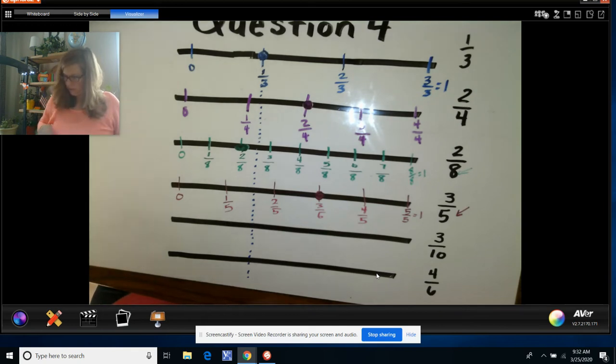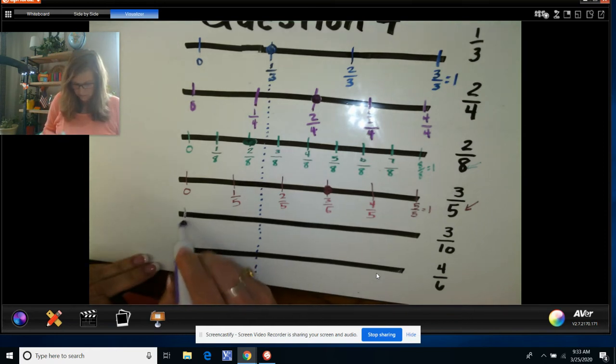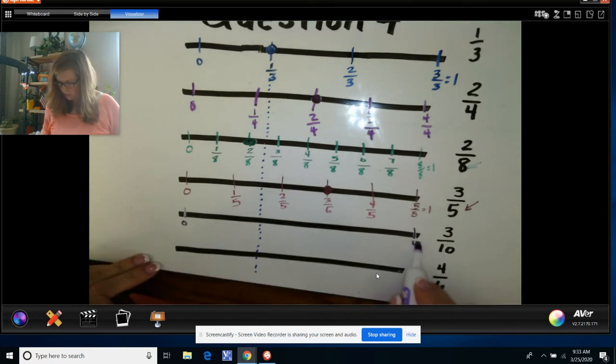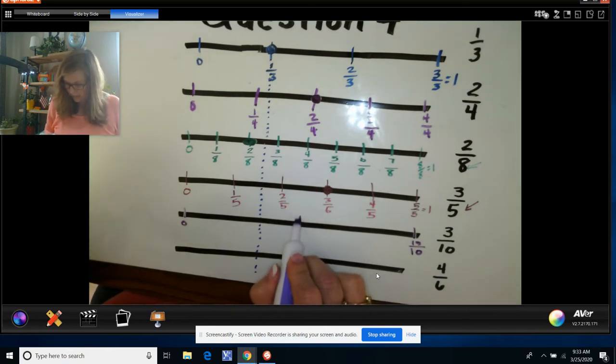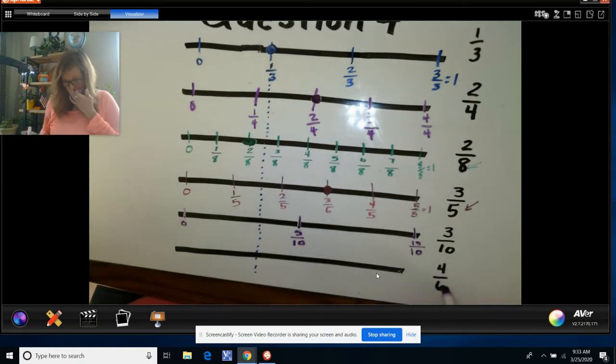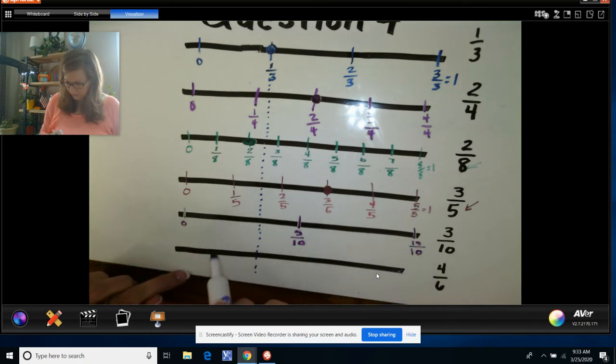Okay, let's go to 3/10. I'm running out of color, so I'm going to reuse purple. So this one here, my goodness, we have to break this one into 10 parts. So these parts are going to be smaller. I'm going to start with our 0, and I'm going to put our 10/10. I know that 5 is half of 10. So I know that halfway point is going to be 5/10. And so now I need to break this into 10 equal parts.